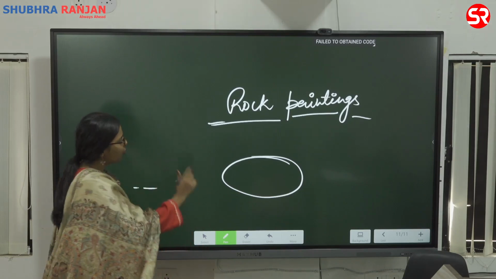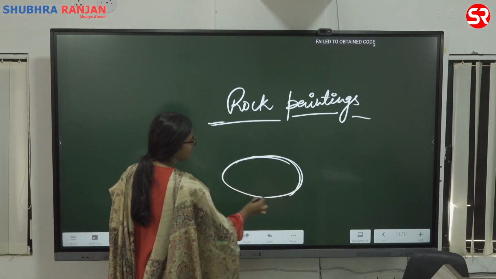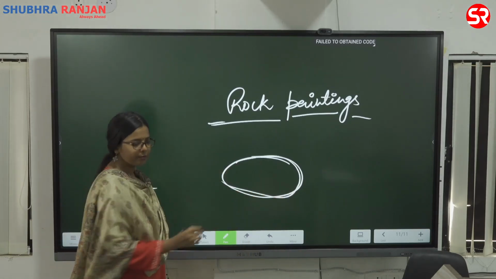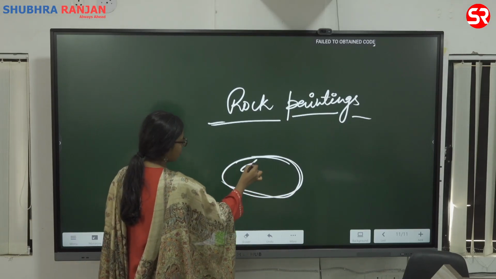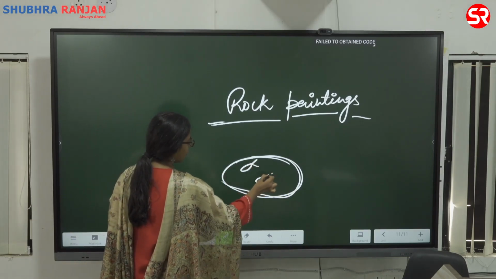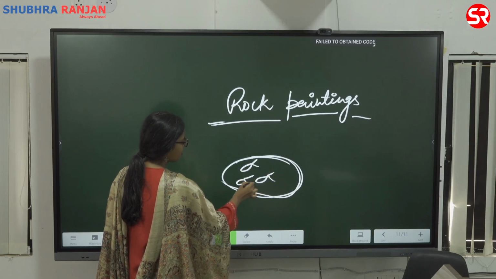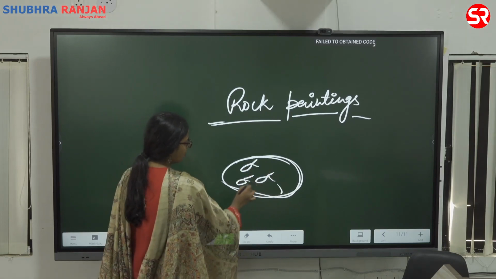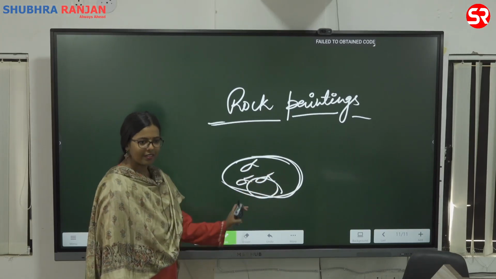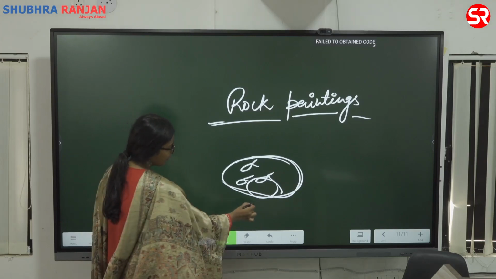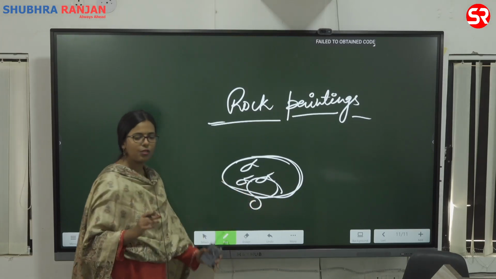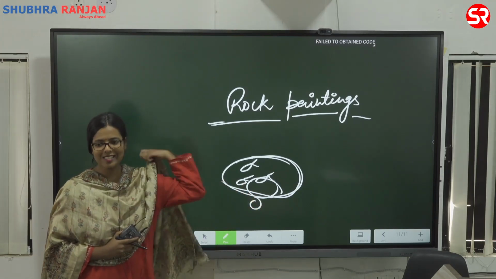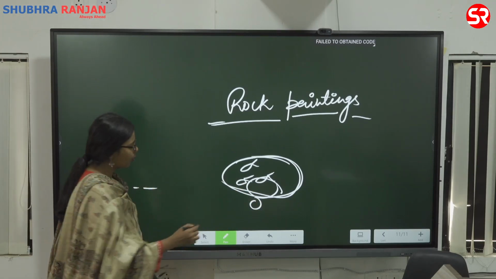Okay, so what are the paintings which are there? There is a pond and there are a lot of fish. The fish are drawn like this, and there is a fish net. There are two people, and you will see the humans are shown in a stick-like figure.